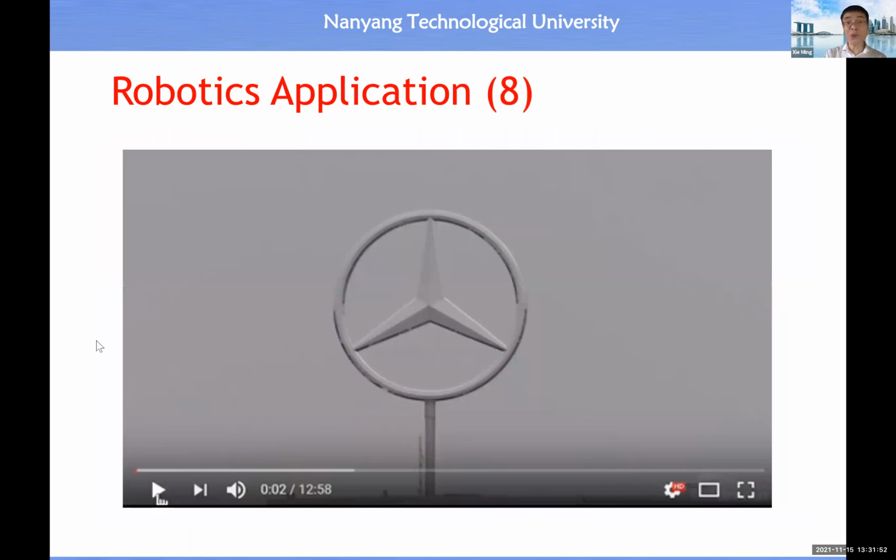This video shows you the typical scenario of robot integrated manufacturing. I believe this will be the future trend in manufacturing, and this may be the scenario of Industry 5.0. Today, we have heard of Industry 4.0. Then people may ask this question: what will be the scenario of Industry 5.0? I believe this video shows you the answer.